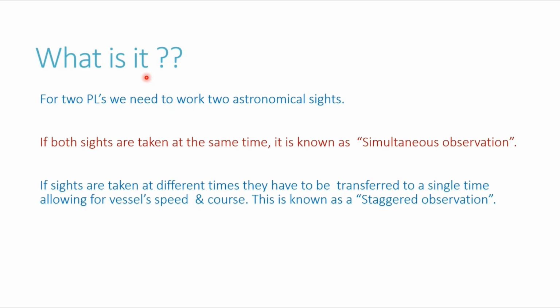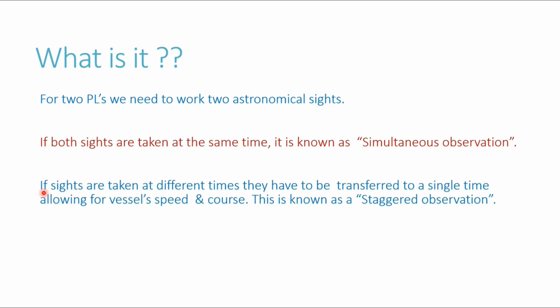Now, in some other situations, it is possible that there may be only one celestial body available to us at a particular time. Let us say, for example, you want to take a site during daytime. The only body which may be available at that time could be the sun. Now, with no other celestial body available, it is not possible to take a simultaneous site.